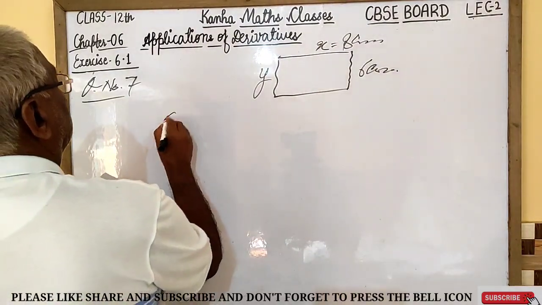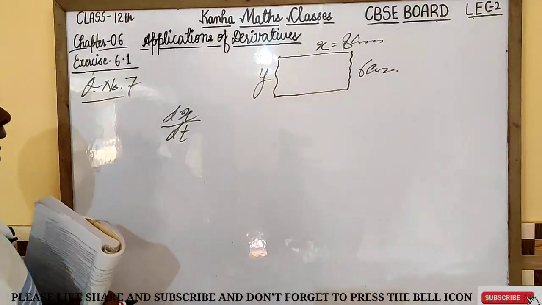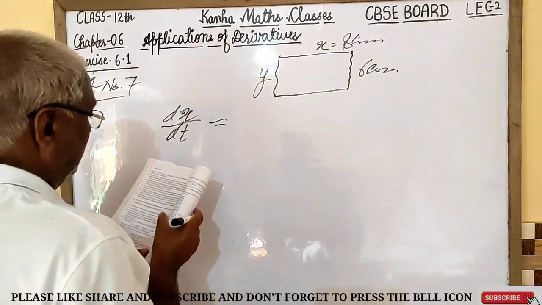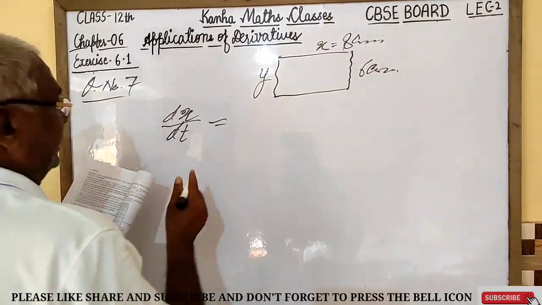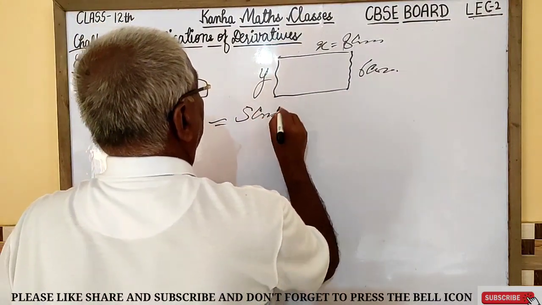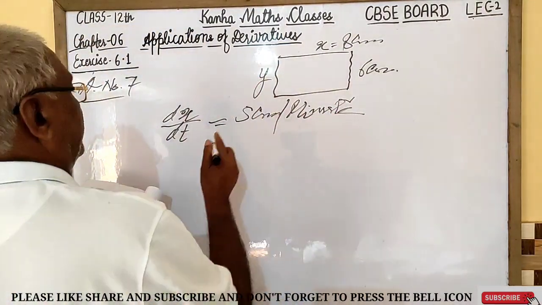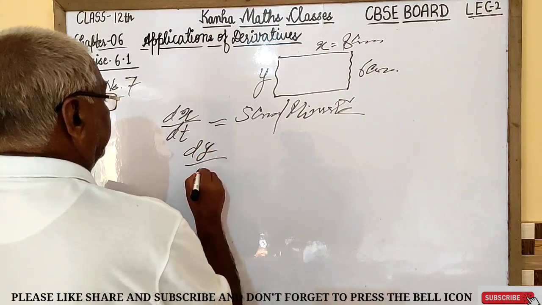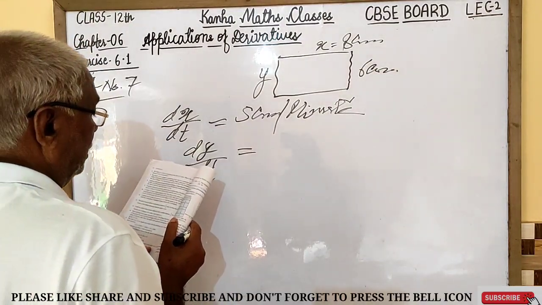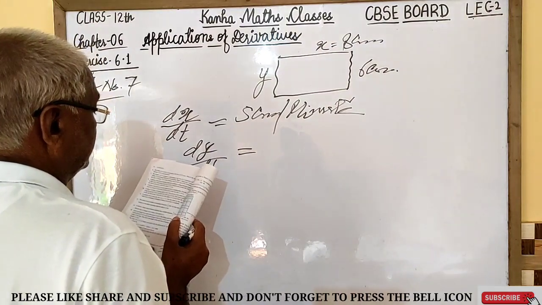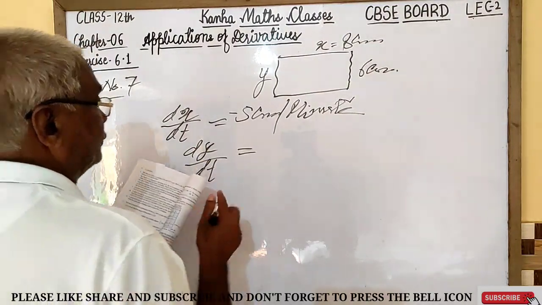It means dx by dt, the length x of the rectangle, is decreasing at the rate of 5 centimeter per minute, so this is minus 5, while the width is increasing, dy by dt, at the rate of 4 centimeter per minute.